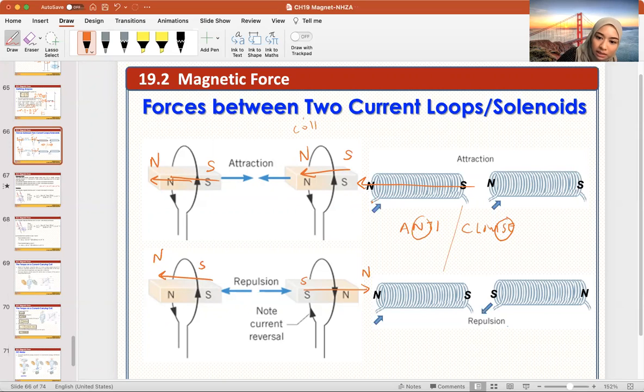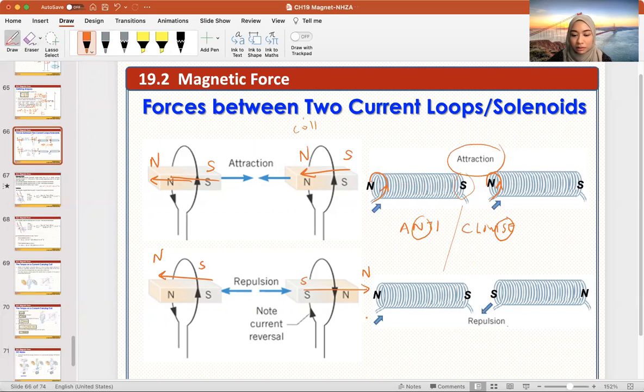Let's see, what does this guy look like? It looks like anti-clockwise, so it's the north. If this guy is the north, I can just say this is the south. I don't have to care anymore. And then this guy is anti-clockwise, so it is N, and if this is N, this is south. So again, south with north will attract.